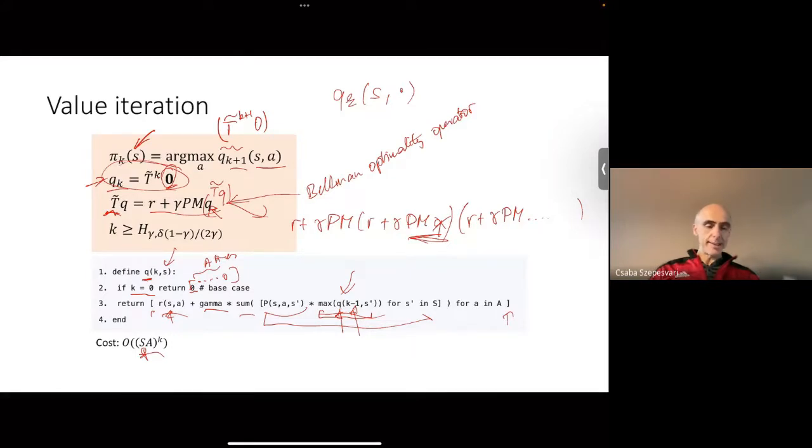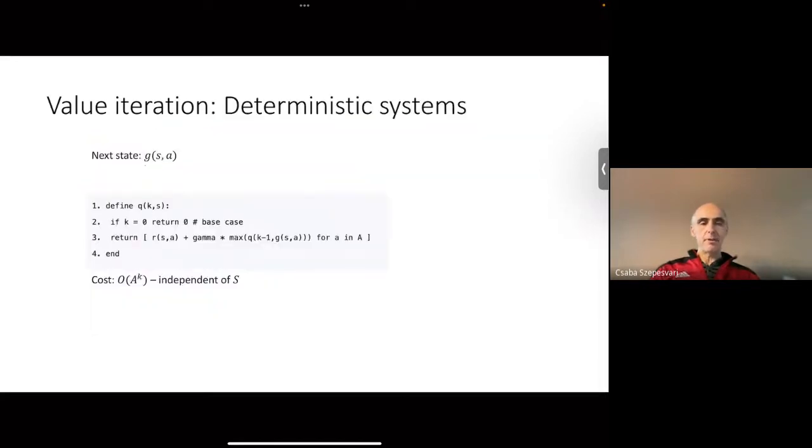So if the next state, given a state and an action, is given by this function g of S, A, that's what the simulator could give to you, and it is a deterministic simulator, then instead of this sum, the probability is only one at this single state.